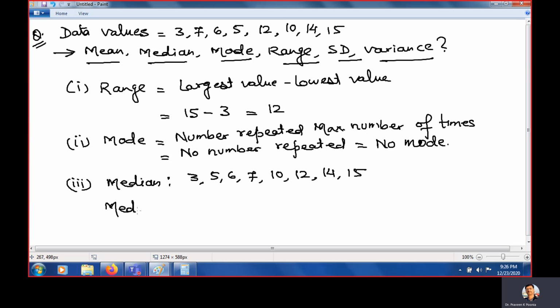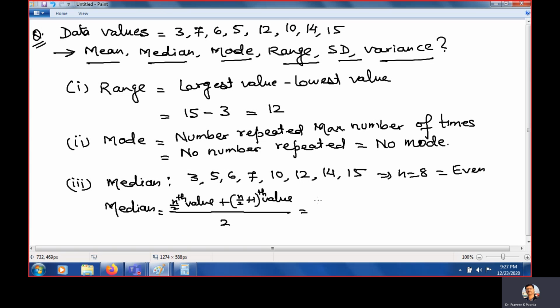And then the median is equal to, because how many values? 1, 2, 3, 4, 5, 6, 7, 8. N is equal to 8. 8 means even. And in case of even, what is the formula? The N by 2th value plus the N by 2 plus 1th value, upon 2.